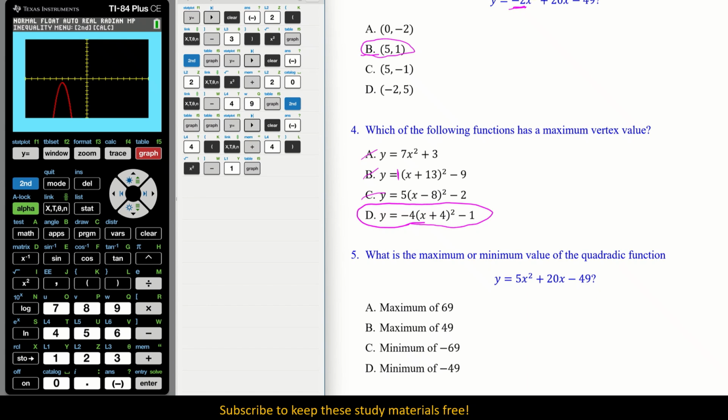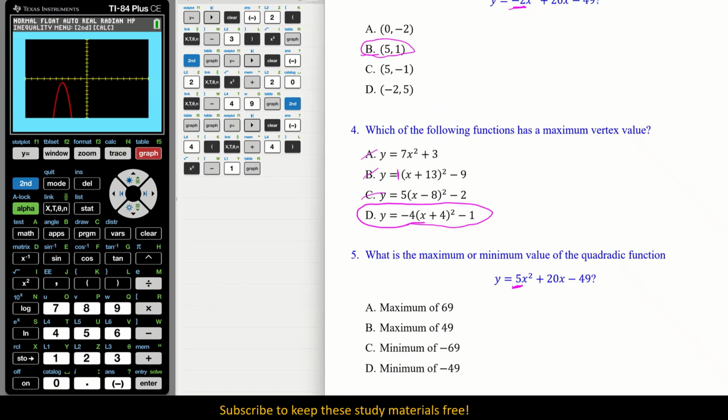Now number 5. What is the minimum or maximum value of the quadratic function? They've given us our quadratic. It's a little bit like number 3, but not quite. How is it different?